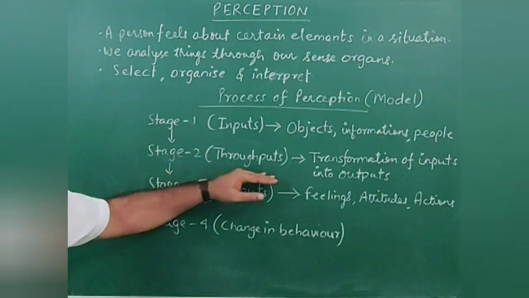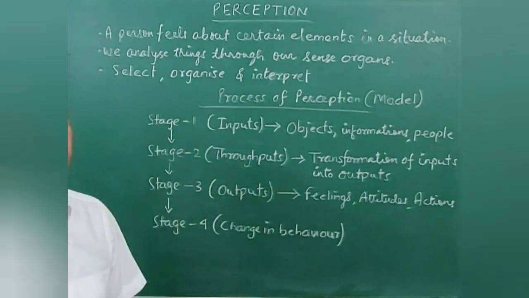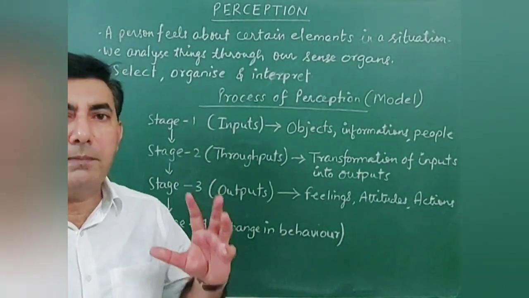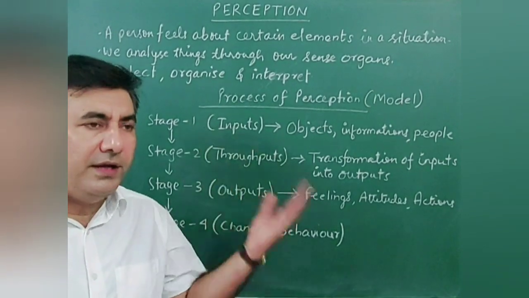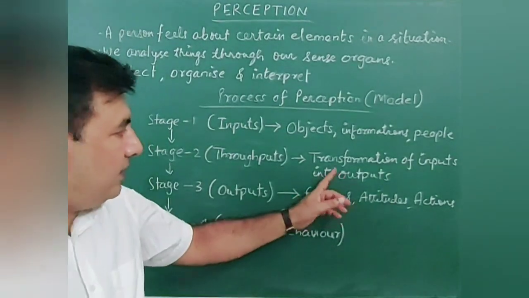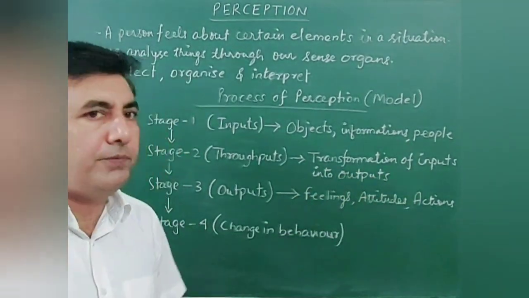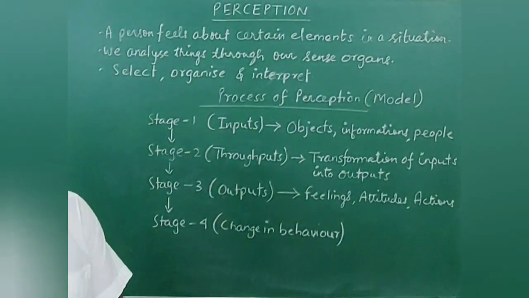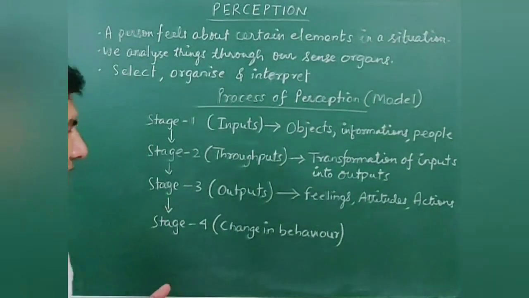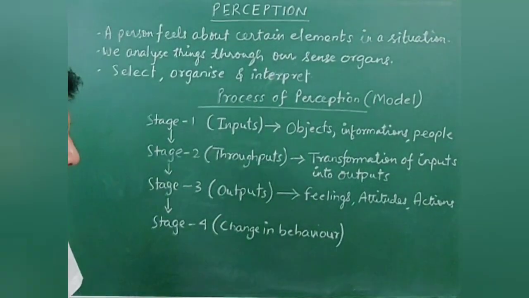The second stage is throughputs, where transformation, also termed a mechanism, takes place, and inputs are converted into outputs. So that's why I've written here that transformation of inputs into outputs is what is termed as throughputs, which comprise your second stage.